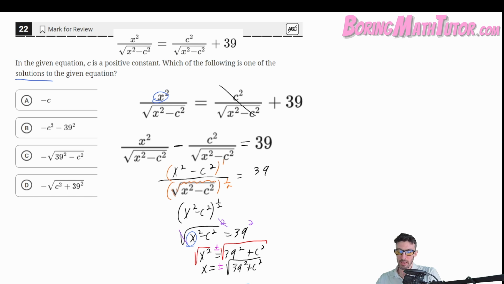So all of that equals x. So which one of these is one of the solutions? Well, let's see. Square root of 39 squared plus c squared looks like that one. It's got the minus in front of it, which is okay because it's one of the solutions. Remember, it's plus or minus.